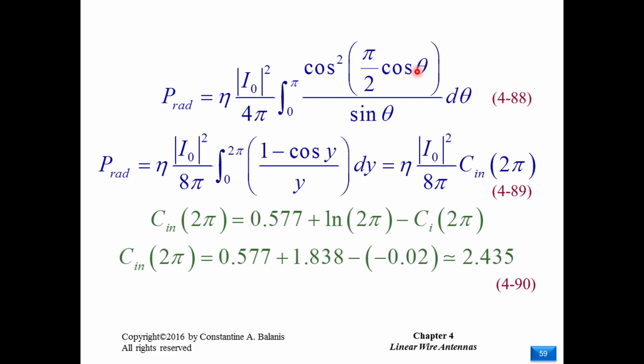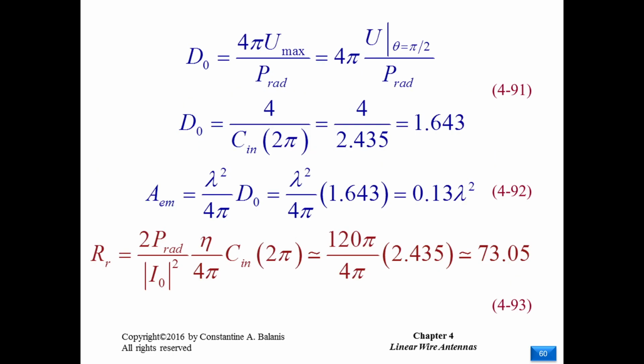Here the only dependency is on theta, because the dependency on phi is uniform, as we know, and the remaining integration is on theta. This term we can do numerically, and it also has some closed form expression with some approximation, but this is the total radiated power from a lambda by 2 dipole antenna.